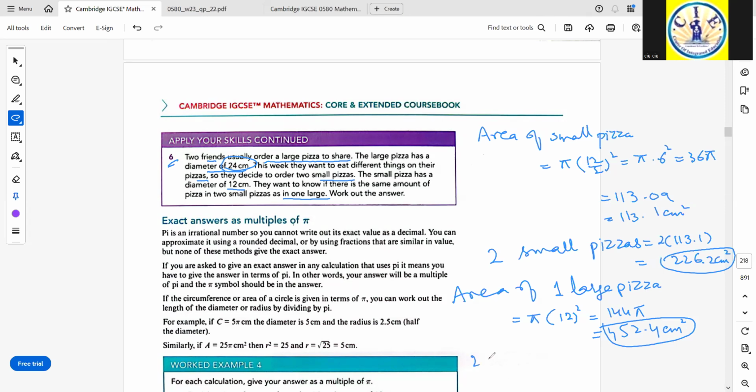So two small pizzas are not the same amount as one large pizza. So this is what we have shown. So that completes this exercise.